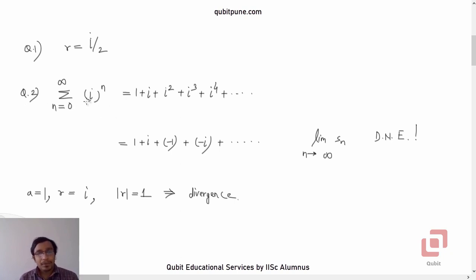Now if we expand this, then we will get the terms 1, i to the power 0, plus i, plus i squared, which is minus 1, plus i cubed, which is minus i, and then again this particular sequence will repeat itself. Now because the common ratio is equal to i, its modulus is going to be 1. So this is not less than 1.